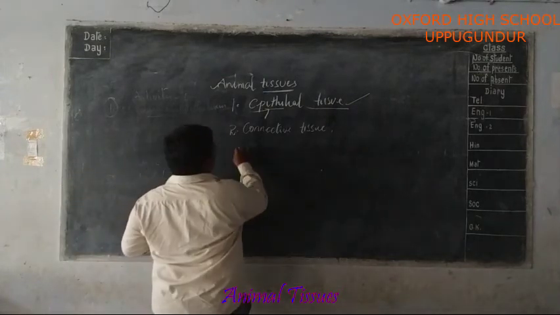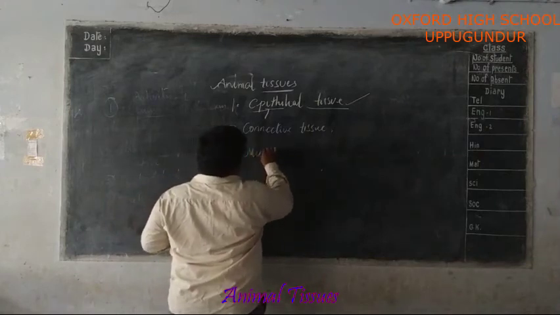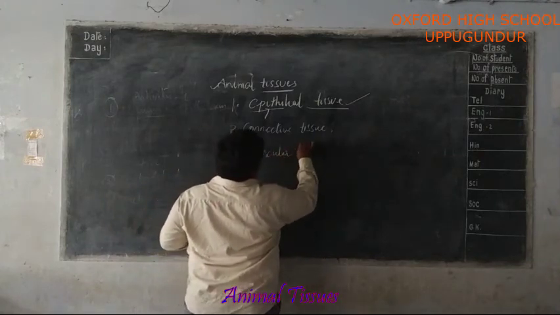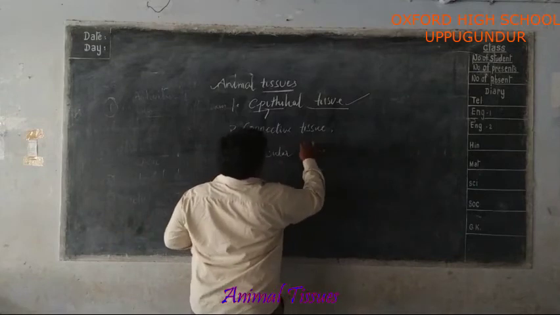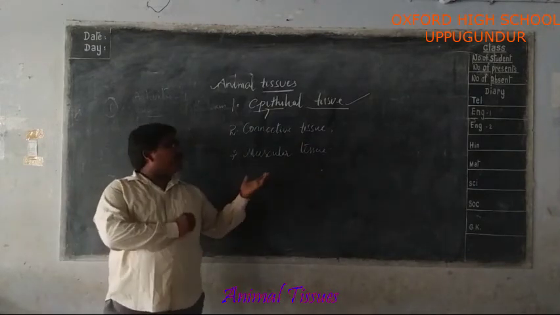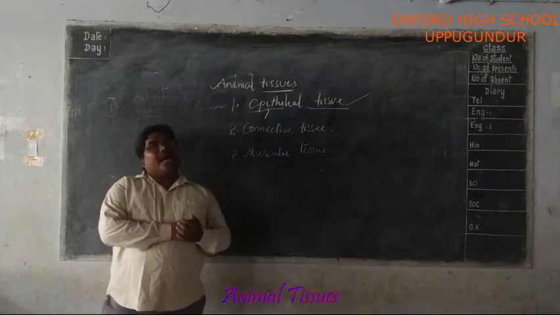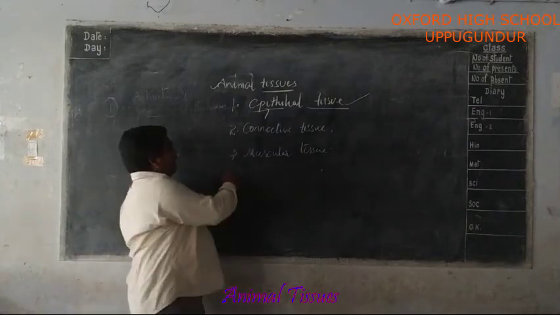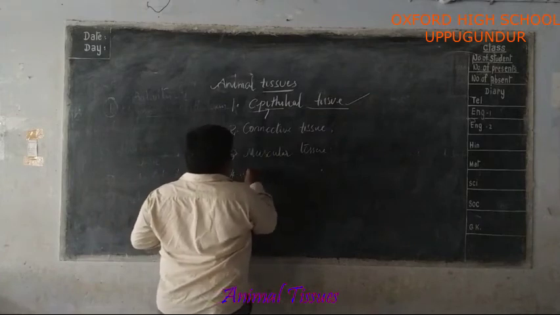Okay, the third one is muscular tissue. Tissue that helps in movement. The muscular tissue is helpful for the movement of an animal body. My last one is nervous tissue.